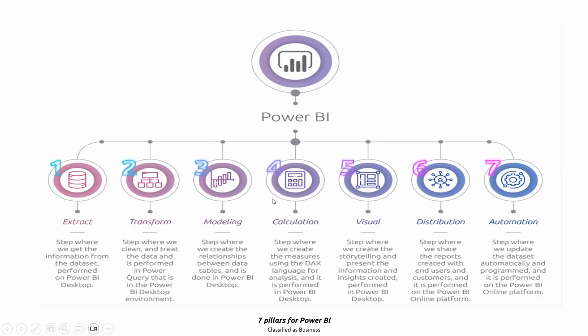In between, we need to perform many steps. As a developer or analyst, we have to do the second, third and fourth steps thoroughly, and then navigate to the fifth step. Some people who are not aware of Power BI think it is just extracting and visualizing, but they don't know the in-between steps, 2, 3, 4, which are very, very important. Our time-consuming process will be the second, third, and fourth activities only.